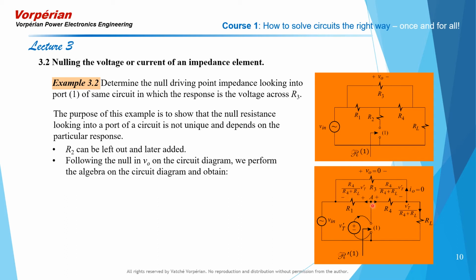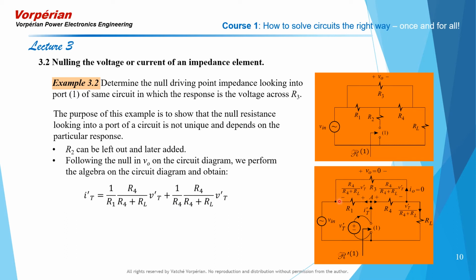So I know the two currents out of node A going to the right and to the left. And the sum of those two is equal to the current coming out of this generator V prime t, so that I can write I prime t is this current, which is this current here. I divide and multiply by R4 because I'm going to factor this expression in the next line here.